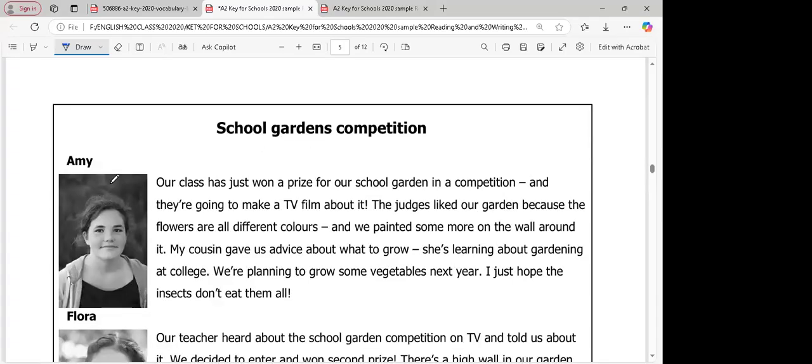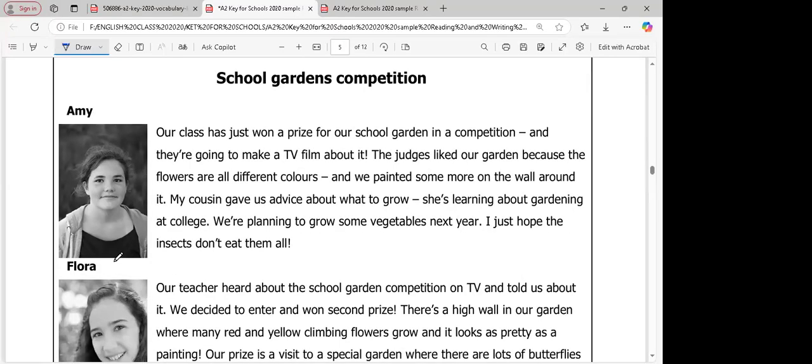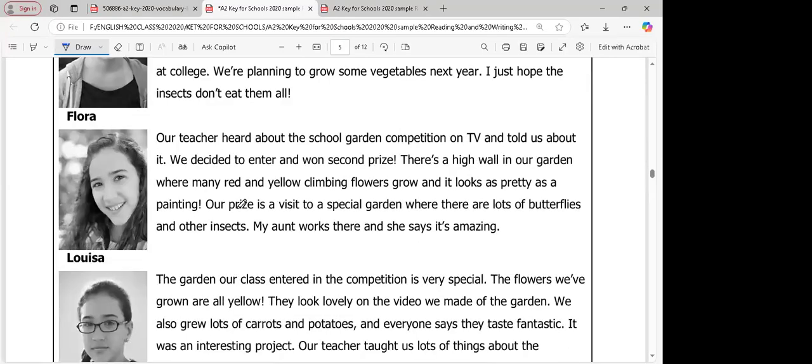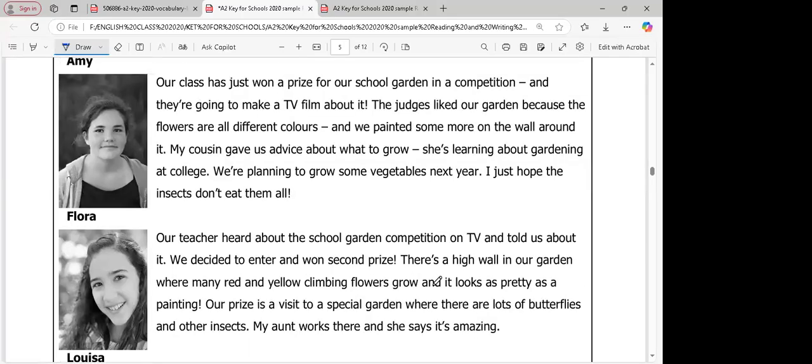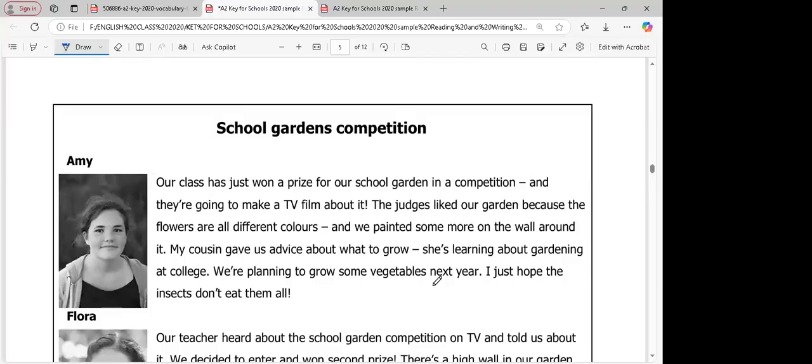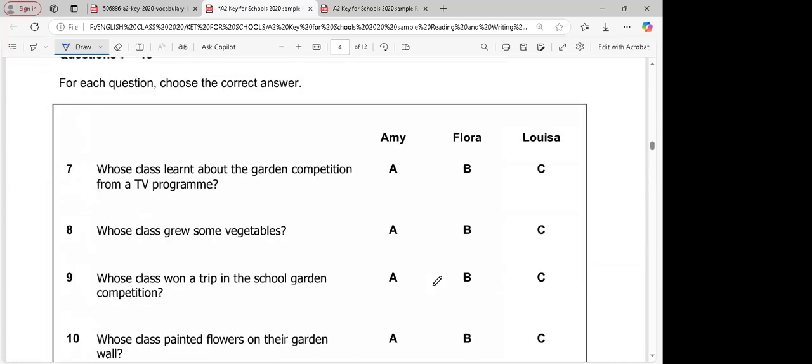Amy is saying something. Flora is saying about it, and Lucia, I think Louisa or Lucia, also saying about it. So 3 girls are talking about school gardens competition. What they mention are given as questions, and we need to find who said this.